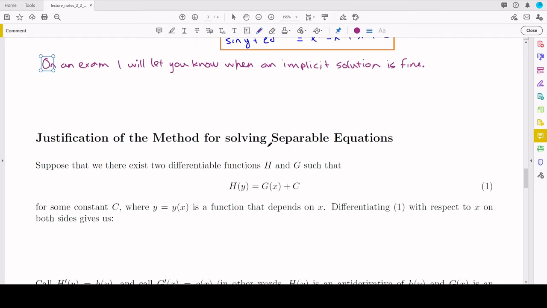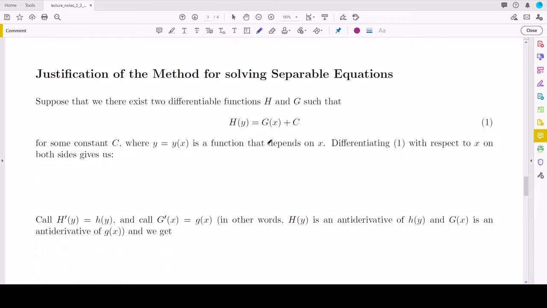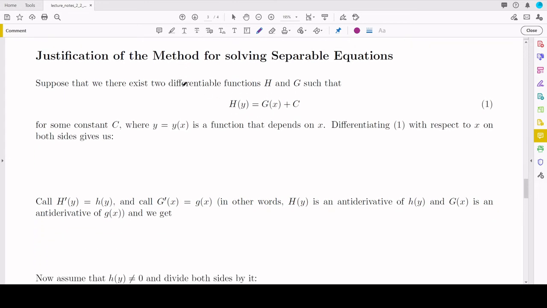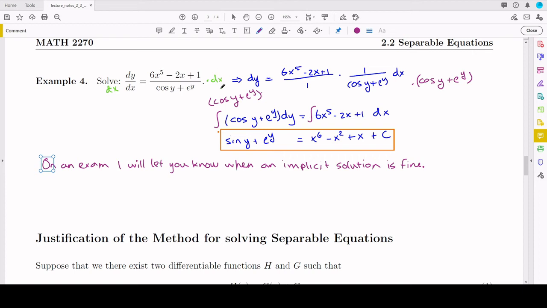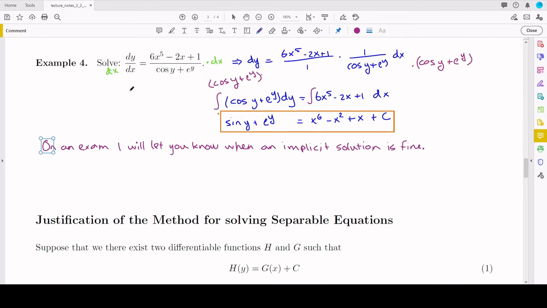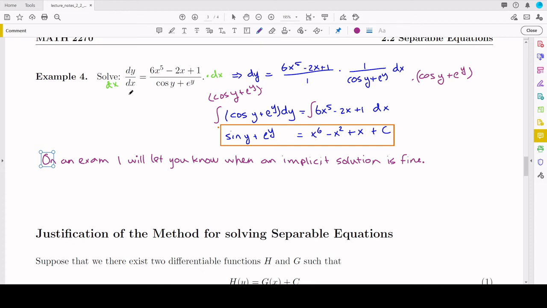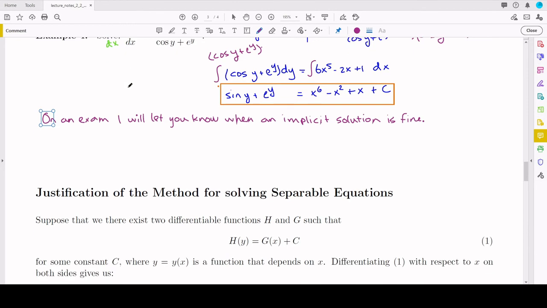Okay, so finally in this video, I'll show that what we did in solving separable equations, multiplying by dx, is actually valid. Remember, dy/dx is Leibniz notation for derivative. It does not literally mean dy divided by dx, but this little trick of canceling out the dx actually works, and I'll show you why.